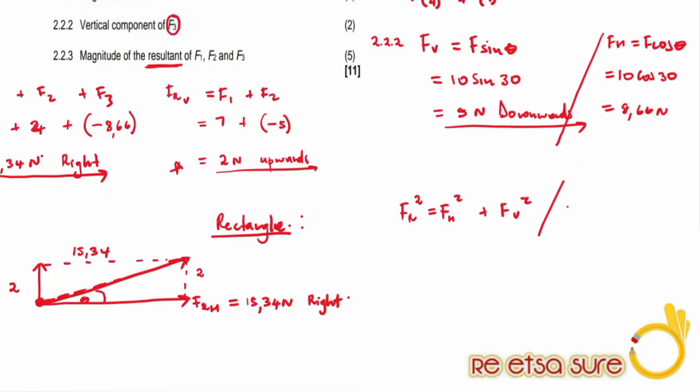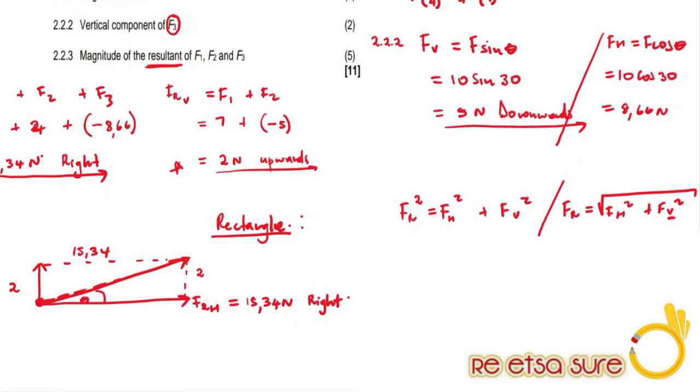Or we can just say FR is equal to the square root of FH squared plus FV squared. My beautiful learners, FH is still the same as FX, because horizontally is still the x-axis, and then F vertically is still the same as force Fy, because we are now vertically on the y-axis.